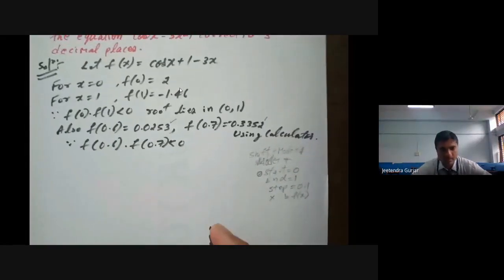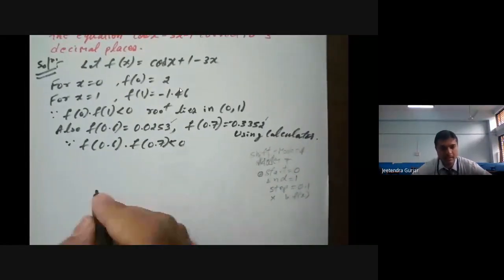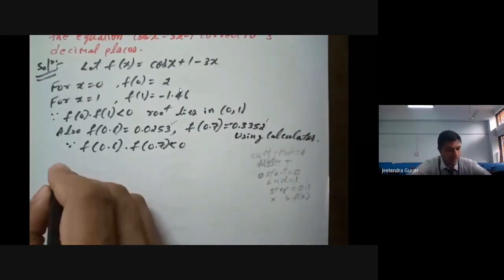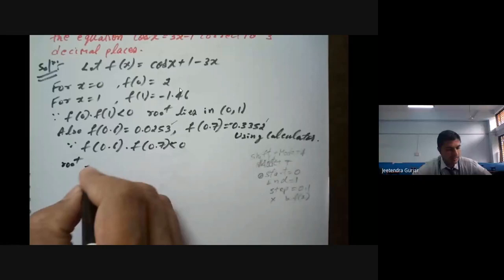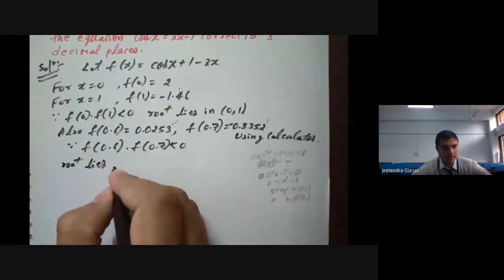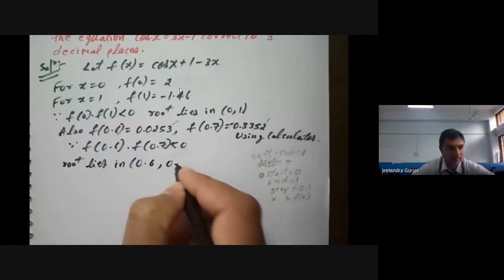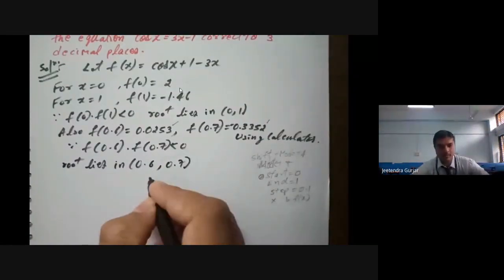Therefore, this will be our next iteration. So we'll go with our usual formula, right? Then we say that the root lies between 0.6 and 0.7.